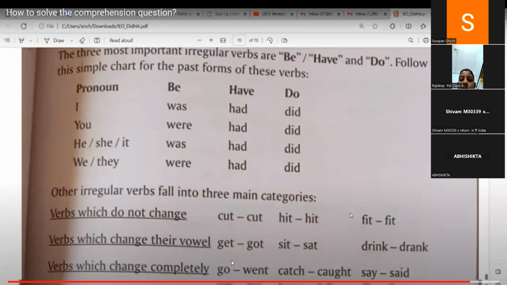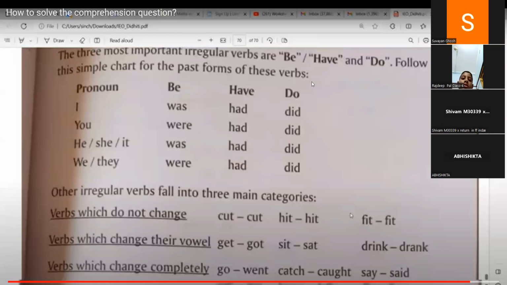Okay. Now the next one. Make a sentence with they and were. Avishikta, it will be we were busy at our work. Yes, Avishikta, tell me the next one with they and were. They were busy in their work. Okay, very good, Avishikta.